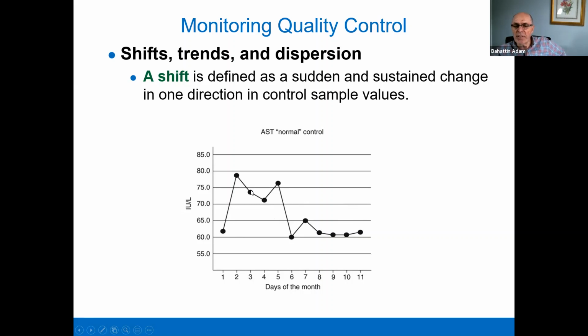Even though all these results are within 2 standard deviations, after day 7 all the data are on the same side, which we call a shift. It's supposed to be an equal distribution on both sides, but they are on the same side, which we call a shift.